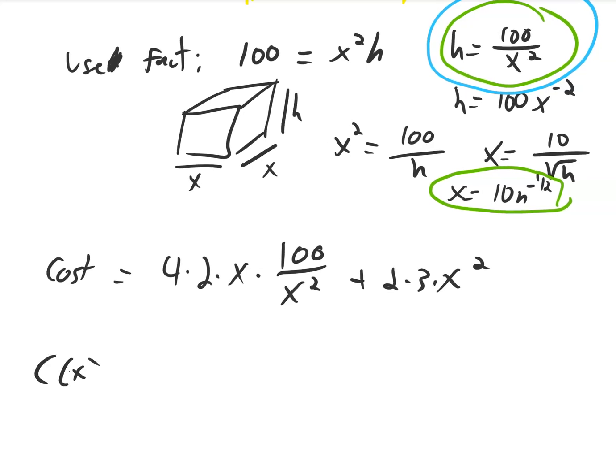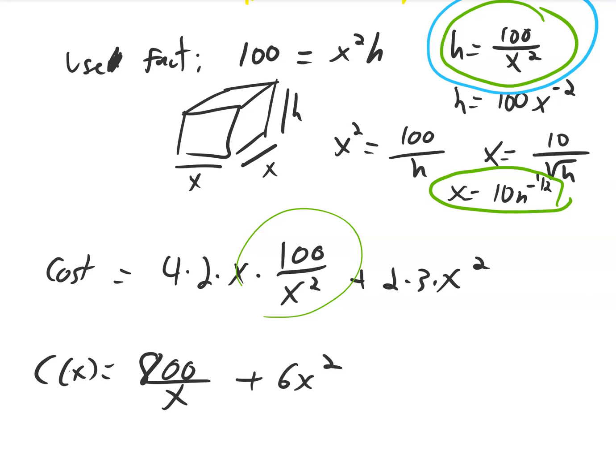So I can write c of x equals 800 over x. After simplifying, this turns into 8, and this turns into 100 over x, so 800 over x, plus 6x squared. So now we've got a function of just one variable. We can do calculus on it to try to find where it reaches its lowest cost.